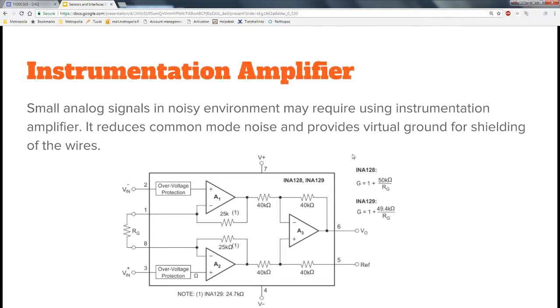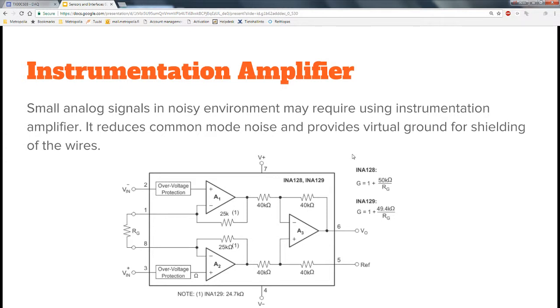Since you have this sensor and then a wire, or actually a wire pair, and then you have this electric field, you will have some sort of electric noise on both lines and the same amount. So basically, in addition to this electric signal, what you are measuring is UN plus EN.